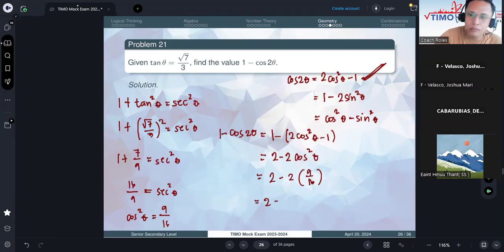So we have 2 minus 9 over 8. Okay, 9 over 8, that is 1 and 1/8. So that is 1 and 1/8. So 7 over 8. Okay, so now the answer is 7 over 8. Okay, I guess this is very clear.